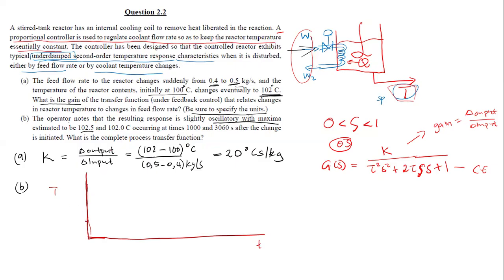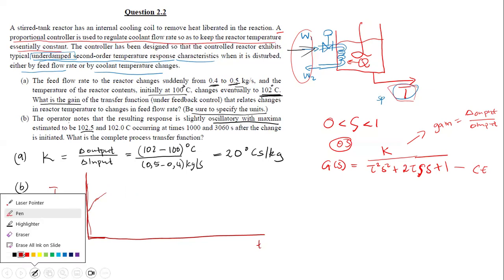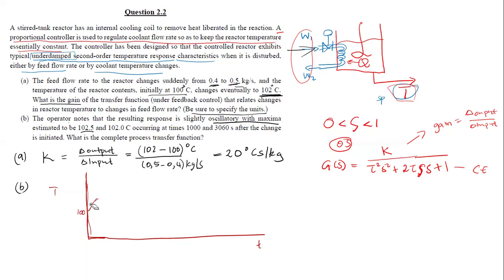So our temperature, assume that here it's 100 degrees Celsius, will change from the initial temperature to 102 to 102.5. I'll draw a nice curve that can help me to explain this.